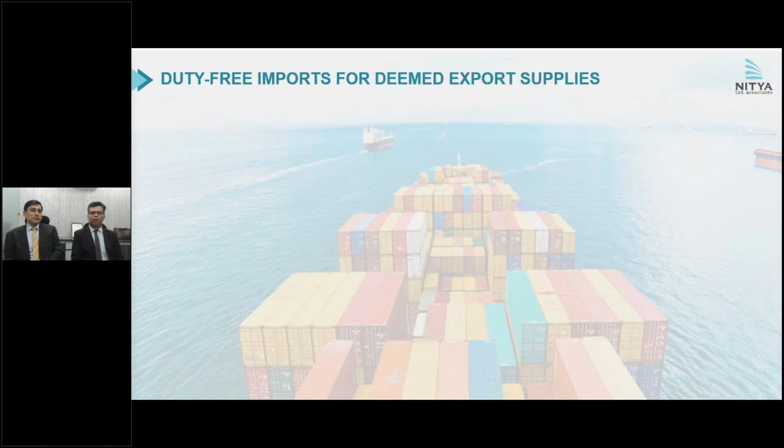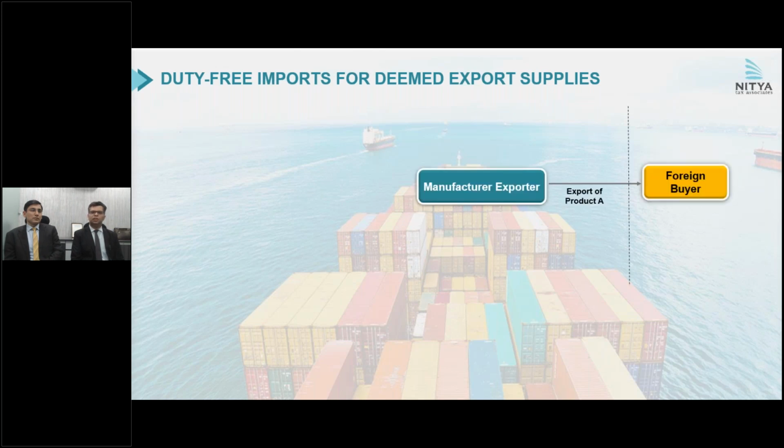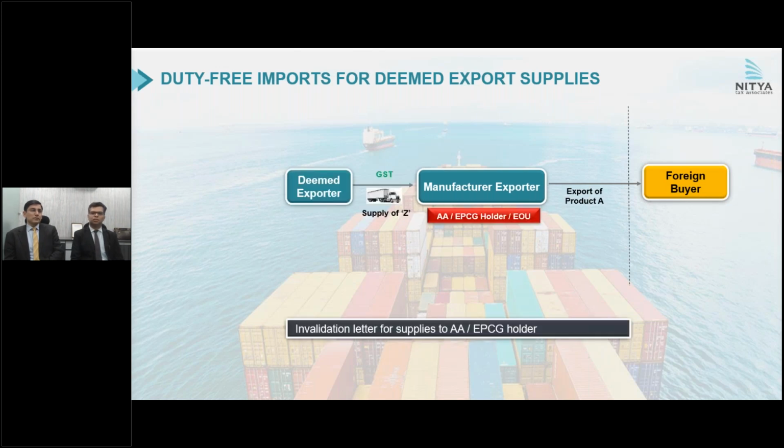So, with the help of an example, we'll be discussing how exactly a deemed exporter can claim a benefit. Suppose there is an exporter who is exporting product A outside India. He wishes to buy some goods domestically from a manufacturer in India, and he invalidates an advance authorization in favor of such domestic manufacturer.